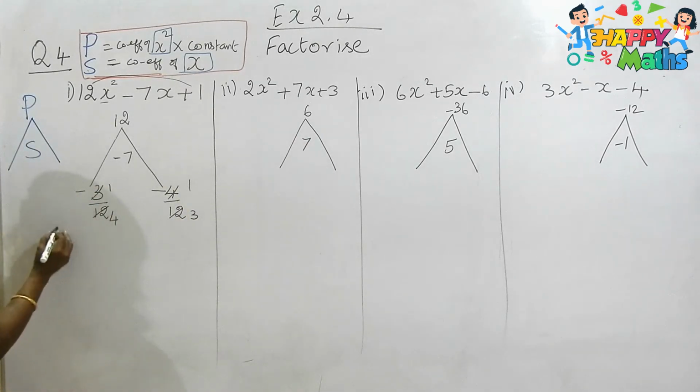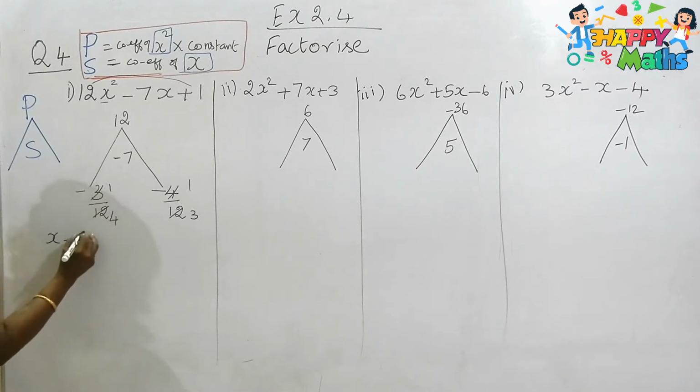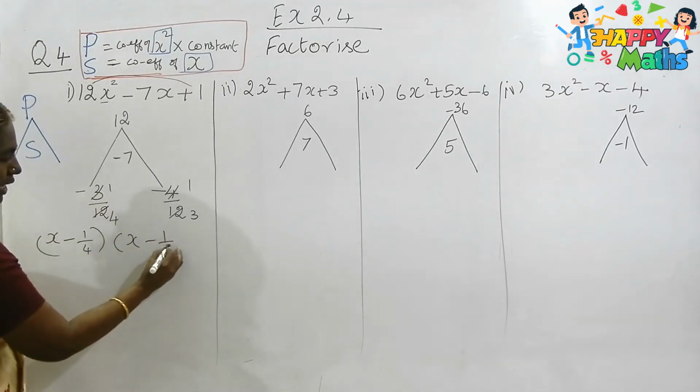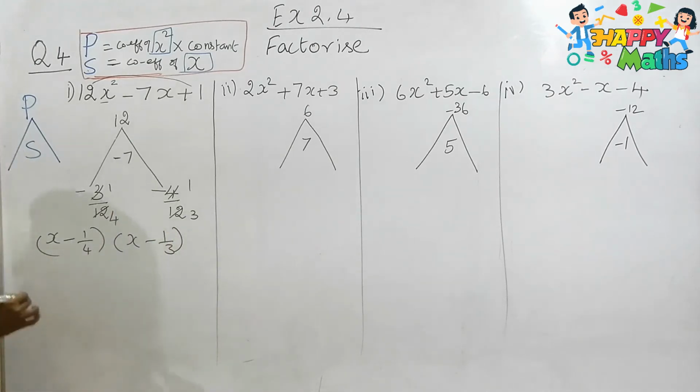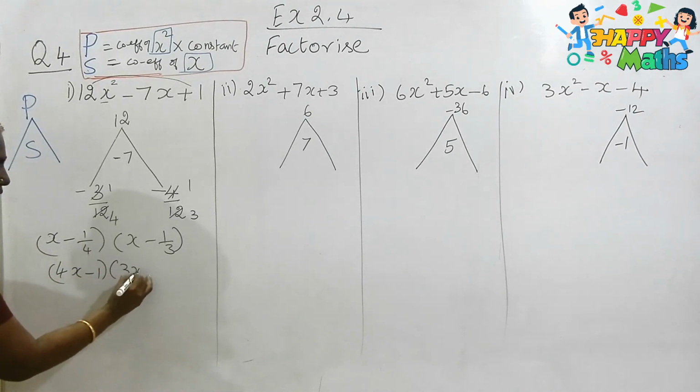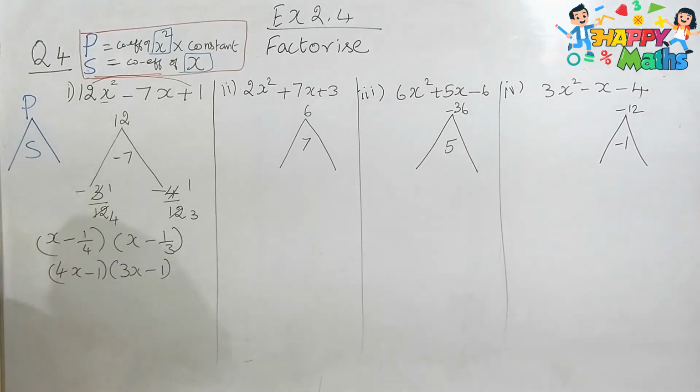So I can simply write it as x minus 1 by 4 and then x minus 1 by 3. After writing that, what you have to do? Whatever number comes in the denominator, just make it into cross multiplication. So this will become 4x minus 1, then 3x minus 1. We got the answer now quickly.